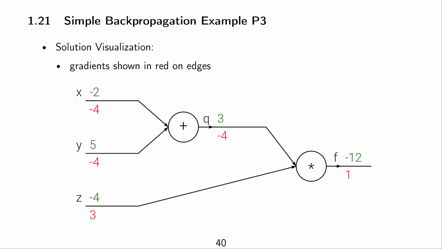In order to initialize the computation, we create this base case that will start sending a derivative into the first node that is df df, and that is always 1. Basically for this last computational node in the graph, there is no upstream gradient. Therefore, we'll just set it to 1 by convention.